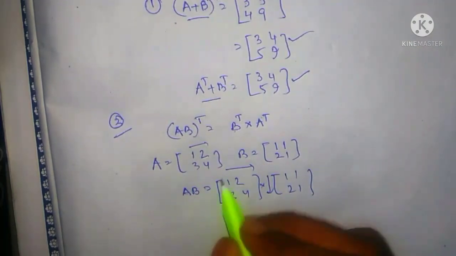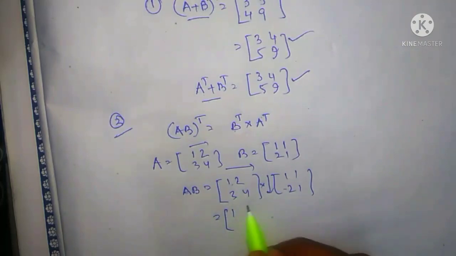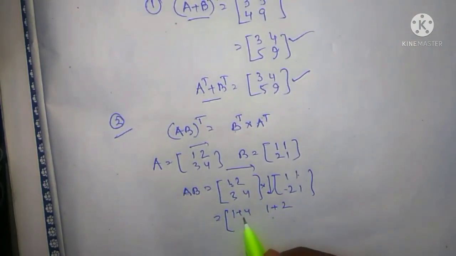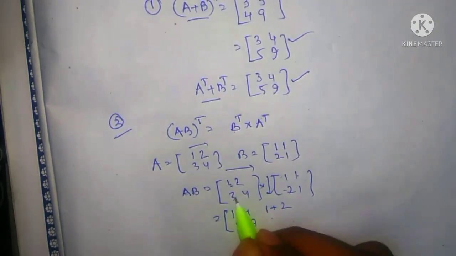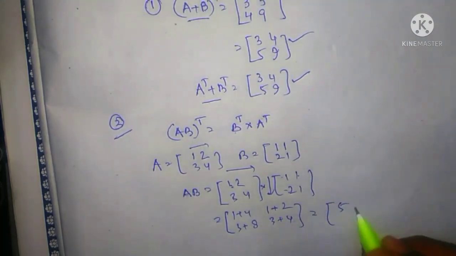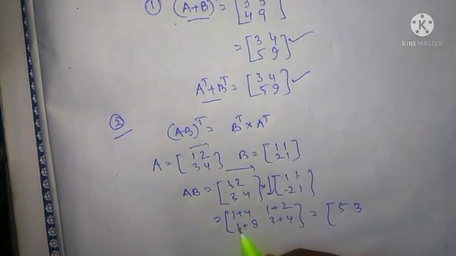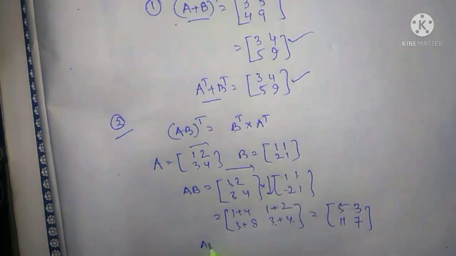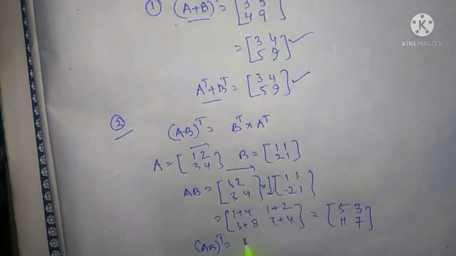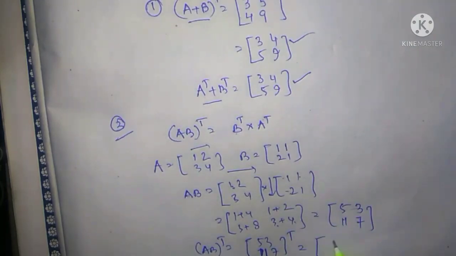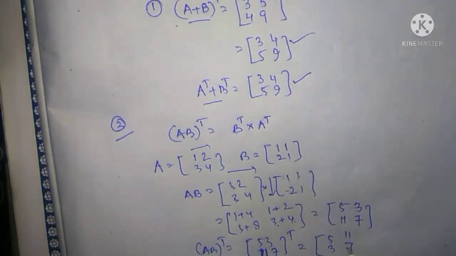That is 1 times 1 plus 2 times 2 is 5, 1 times 1 plus 2 times 1 is 3, 3 plus 8 is 11, 3 plus 4 is 7, so it equals 5 3 11 7. And A B whole transpose is the transpose of 5 3 11 7, which equals 5 11 3 7.